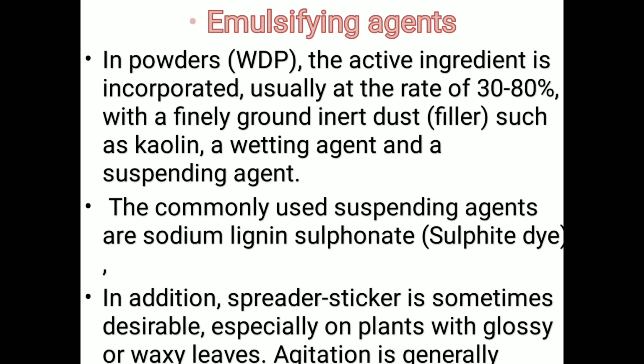Next one is the emulsifying concentrate or emulsifying agent. In the previous video we discussed that an emulsifying agent is used when two liquids, for example water and oil, do not mix with each other.